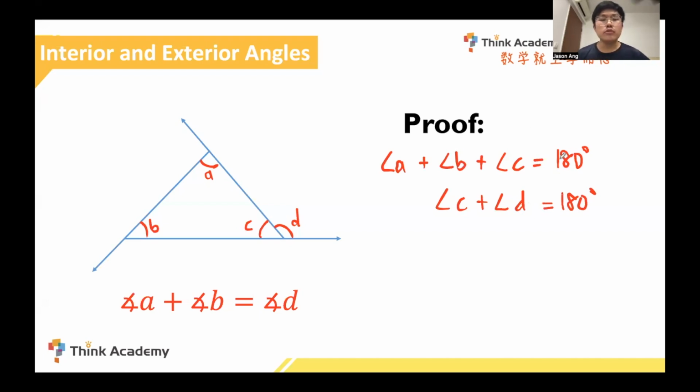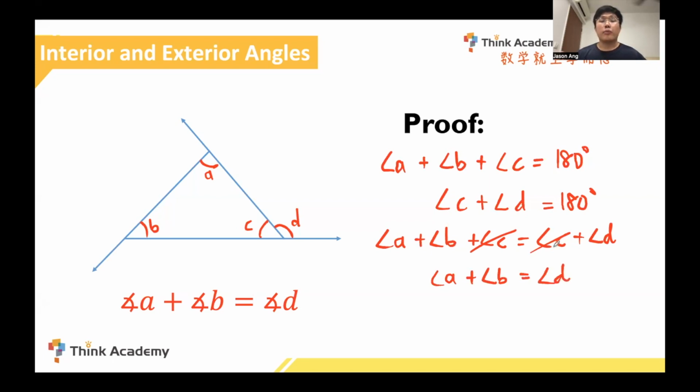Since both equal 180 degrees, angle A plus B plus C equals angle C plus angle D. Since both sides of the equation have angle C, we can cancel it, giving us angle A plus angle B equals angle D. So that is a method to do your exterior angles calculation.